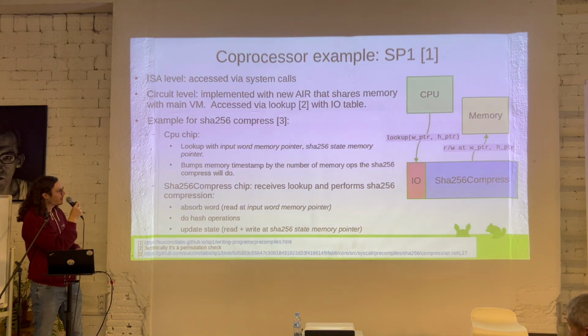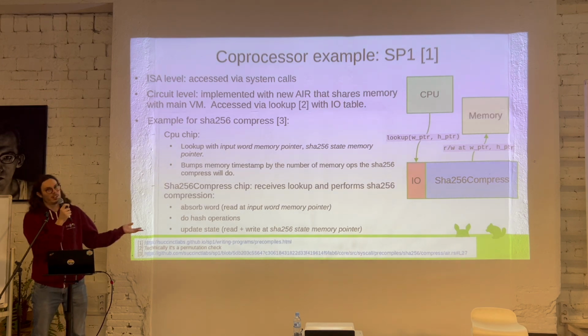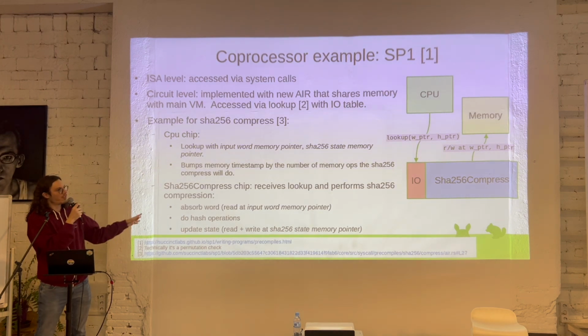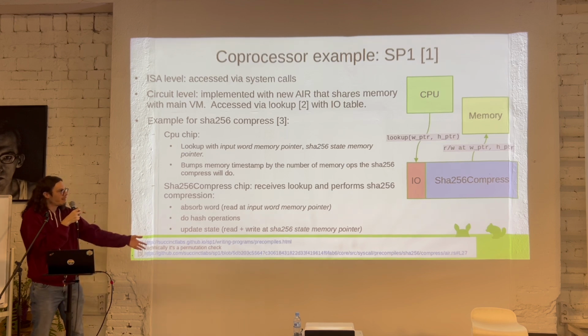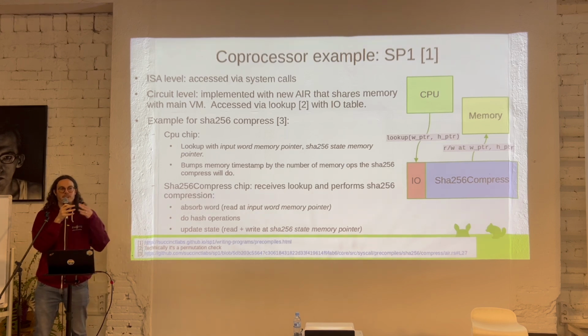In SP1, I think it's not fully implemented because they have segments and you have one proof per segment, but there's no aggregation. So the more segments you have, the final proof keeps growing linearly. I guess the next step will be to do aggregation and be able to aggregate these segment proofs.